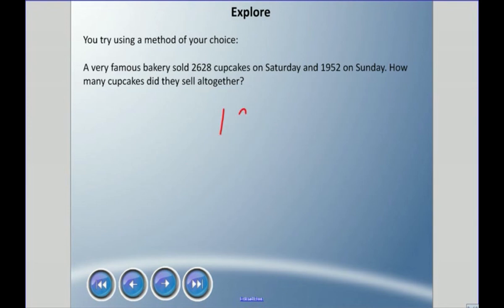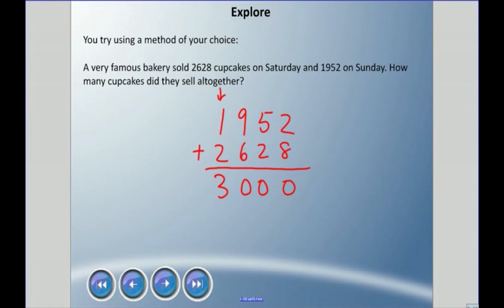Well, that's that method. I could do the similar method where I was just dealing from left to right and remembering what each column represents. So let's start with the thousands here. This is a 1,000 plus a 2,000, that is 3,000. And this is the hundreds column. That's a 900 plus a 600. Well, 9 plus 6 is 15, and there were 2 zeros there.